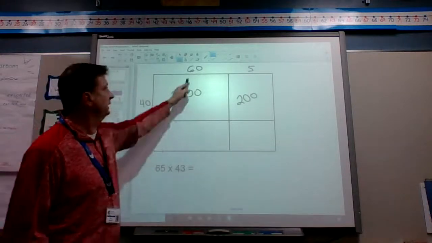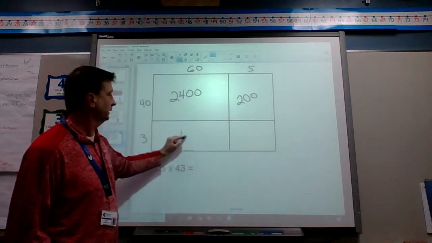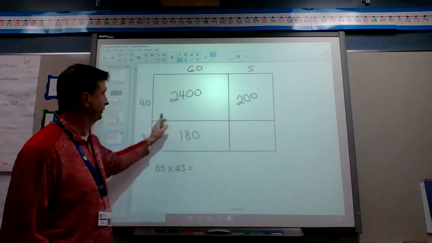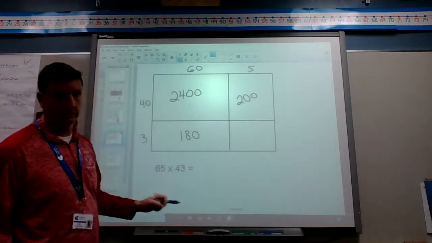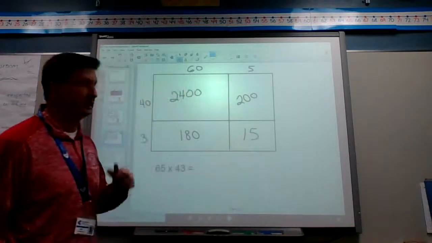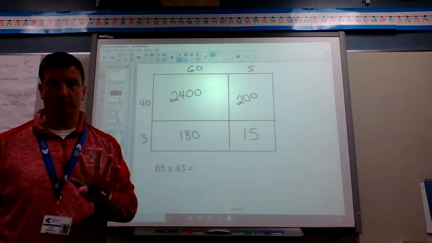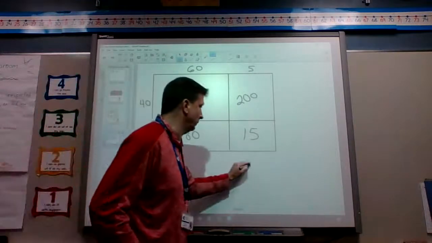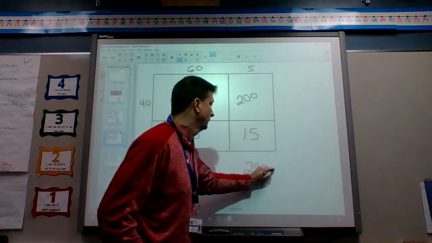I know that 3 times 60 is 180 because I know that 3 times 6 is 18. And I know that 3 times 5 is 15. So now I can take my 4 partial products, add them together, and come up with my answer.